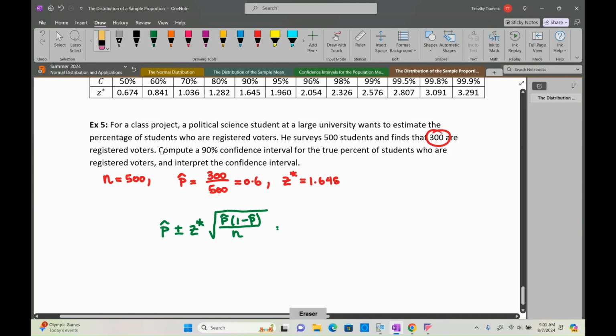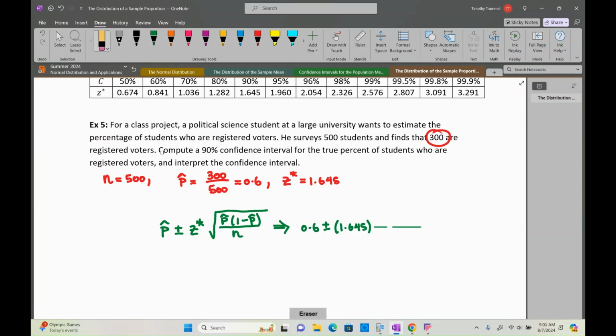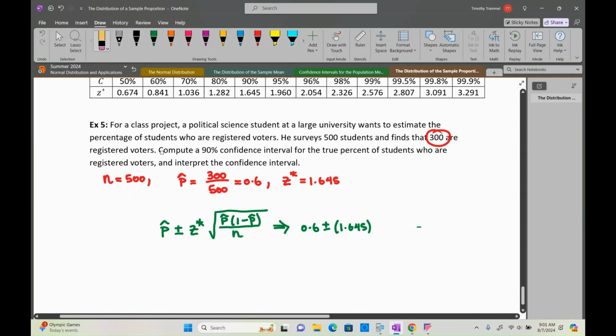What this means for us is that we're going to have 0.6 plus or minus 1.645 times the square root, and then we should have p hat, which is 0.6, and 1 minus p hat would be 0.4, and then we want to divide that by n, which is 500.